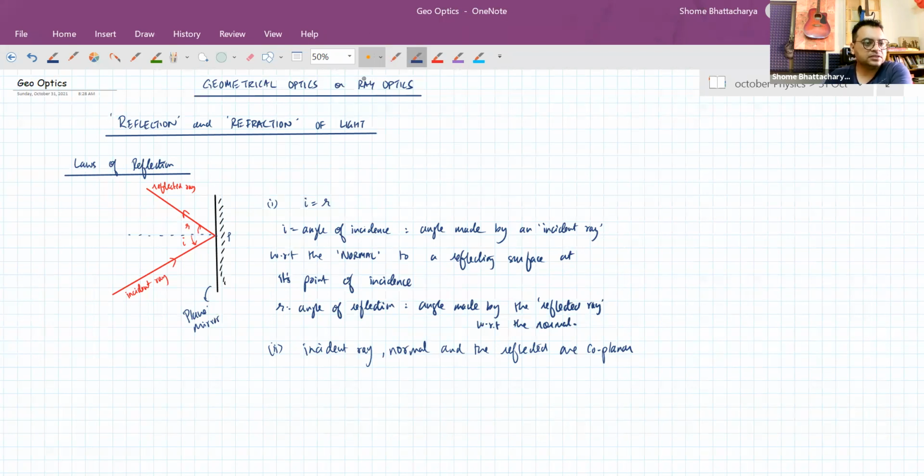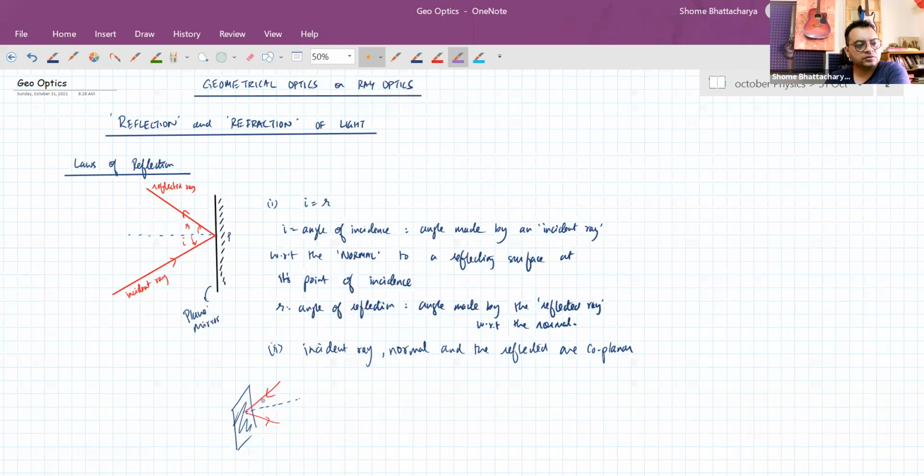You can visualize this three-dimensionally like this. If this is, let's say, a reflecting surface, and we have an incident ray like this over here, these have to lie in a common plane.